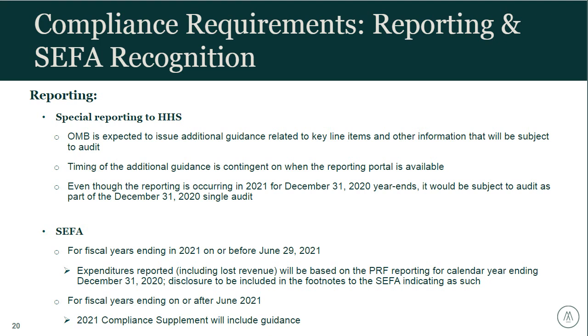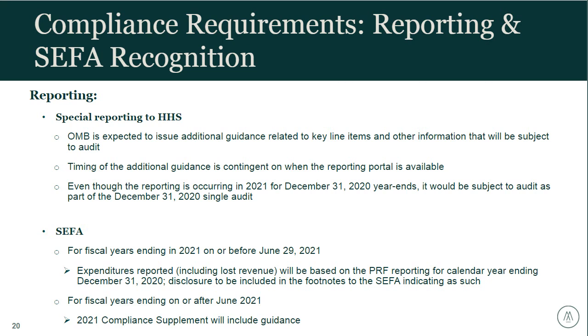Also, there's still a lot of uncertainty around the deadline for the commercial entities. As I mentioned, on the single audit side, the deadline is at least by 9 months after year end, the audit has to be completed. So for the 12/31/20 year ends, that would be September of 2021. But for the for-profit entities, it's not clear whether HHS is expecting the audit to be done similarly, if the same timeline applies as well, and also just how the scope of that audit would look.